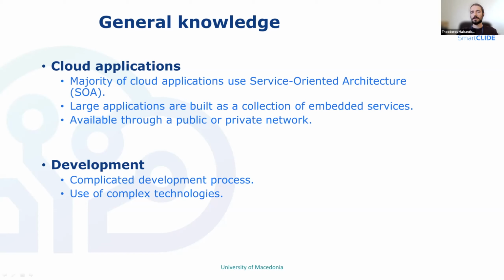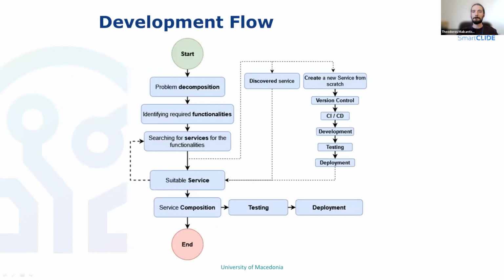Through the use of this architecture, large-scale applications are structured as a collection of embedded microservices, which are available on public or private networks. The development process is complex, time-consuming, and demanding, as it is necessary to use many technologies that require specialized knowledge.